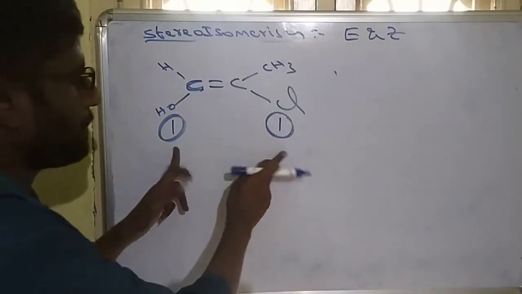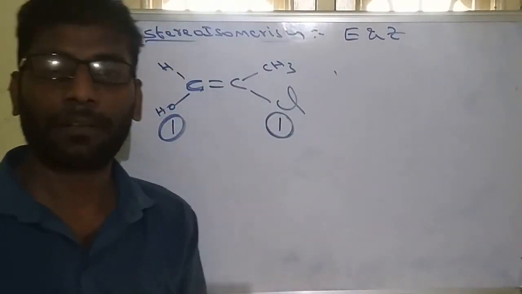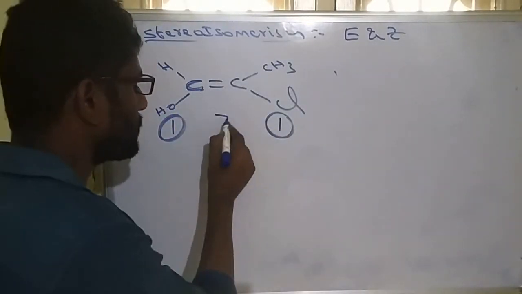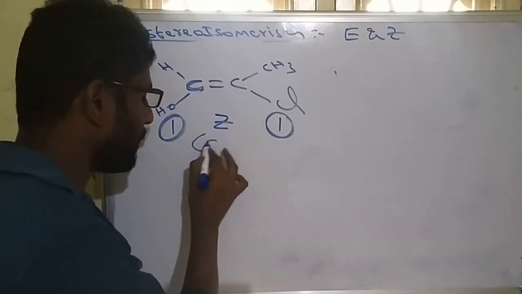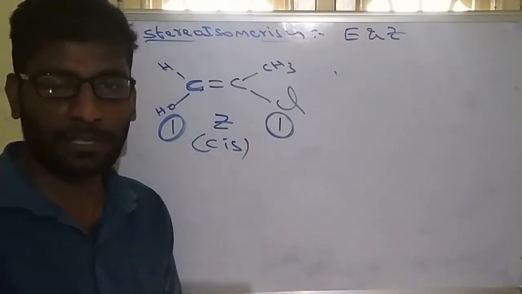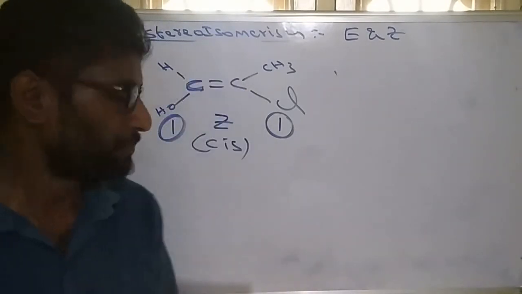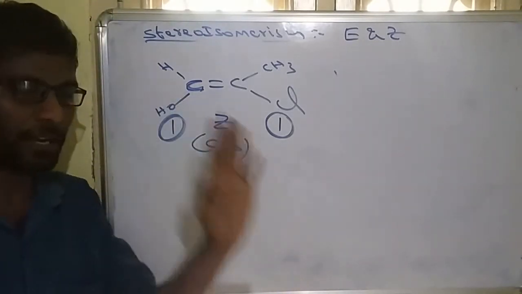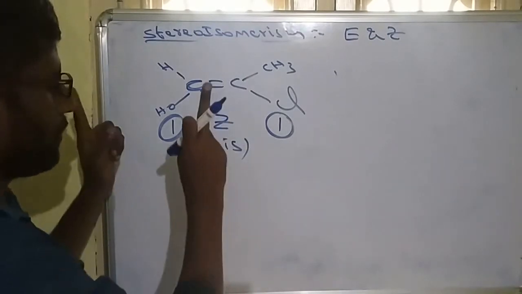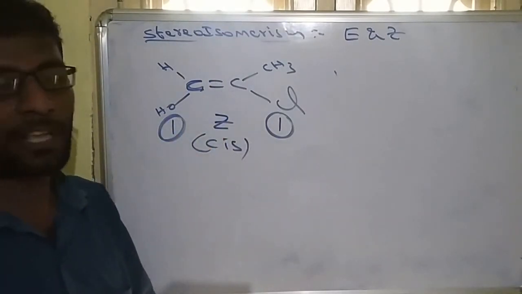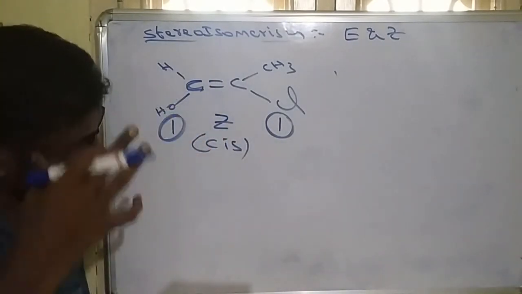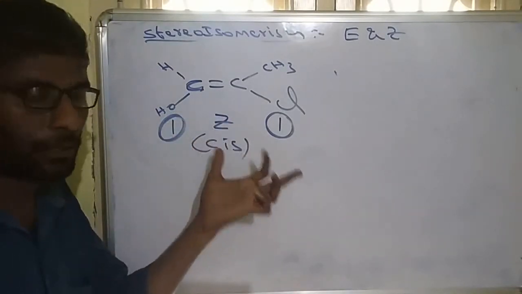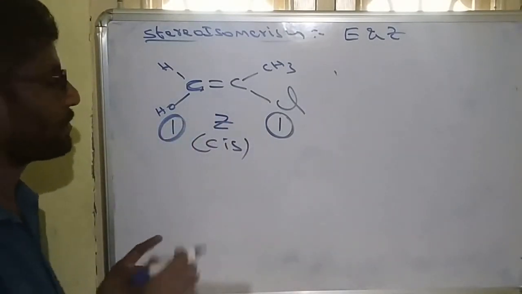If both high priority groups are present on the same side, then that is called the Z isomer. Z is nothing but cis, but we cannot write it like cis, so the name is Z. So when the higher priority substituents are present on the same side, that is called the Z isomer. Higher priority means based on atomic number.